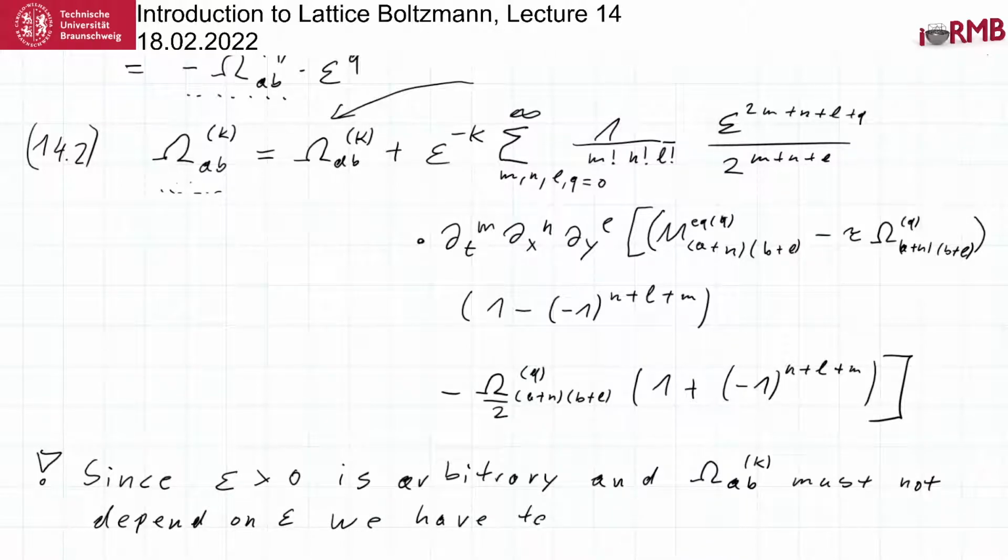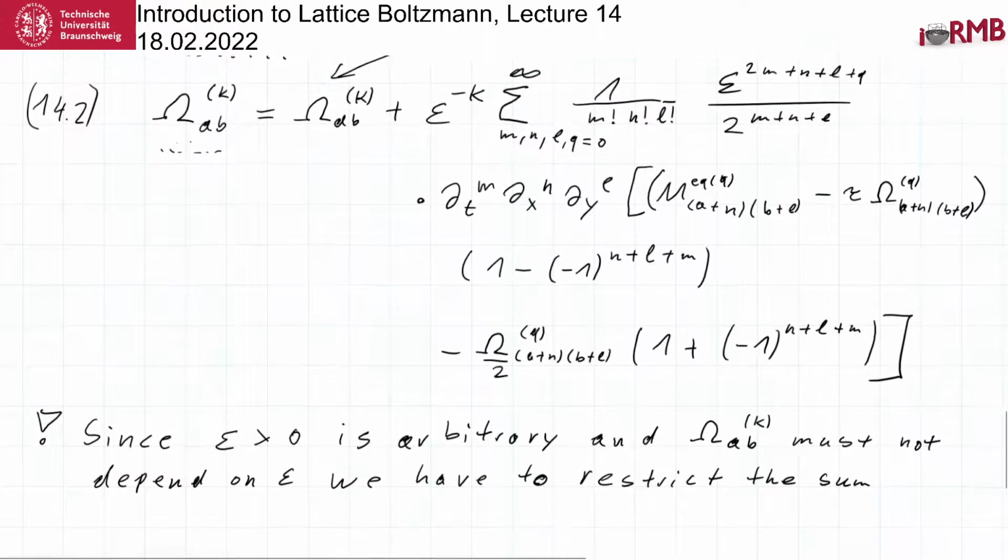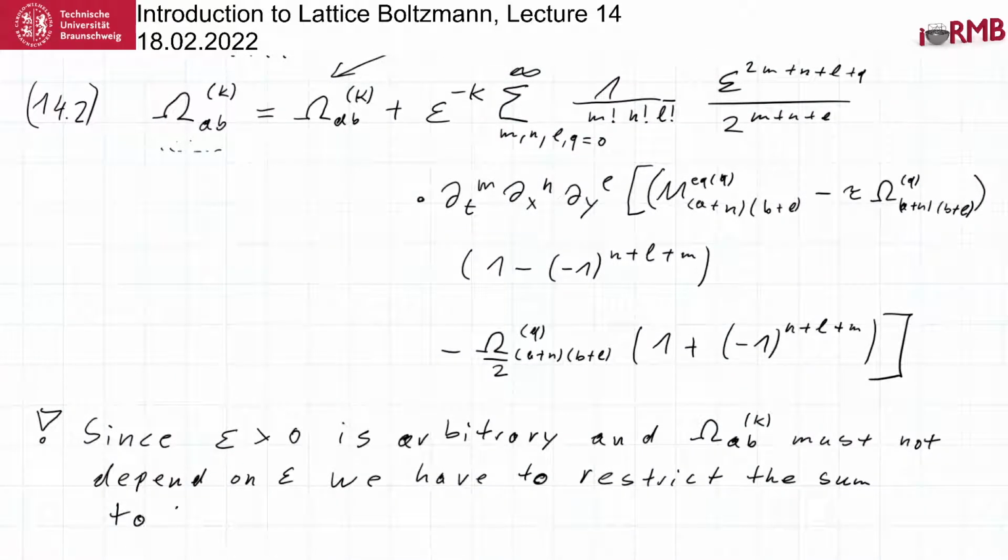We have to restrict, or we can, or we must, I don't know. We can or we must restrict the sum to terms of order epsilon to the power of k.